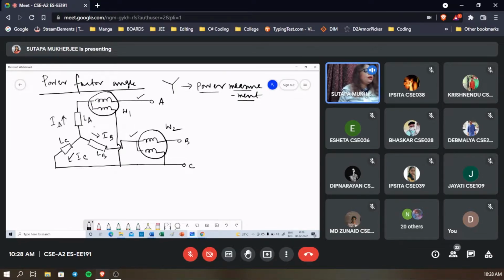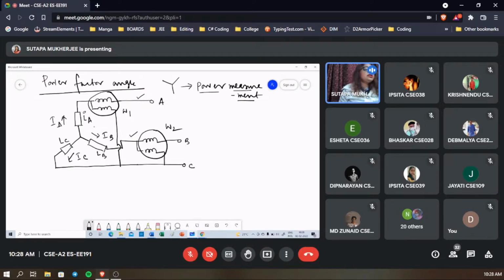So how can I show it? For wattmeter 1, the instantaneous current through the current coil is IA.